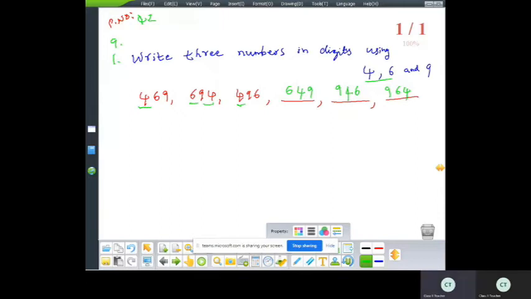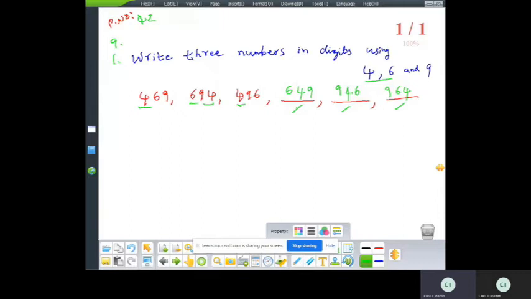So 946 and 964. These are our required 3-digit numbers formed with 4, 6, 9. This is the answer: 649, 946 and 964. Question number 1 is over.